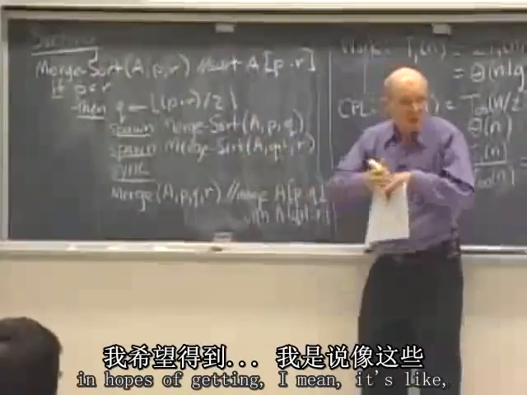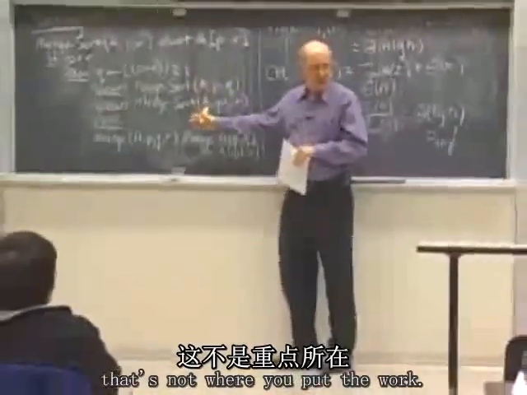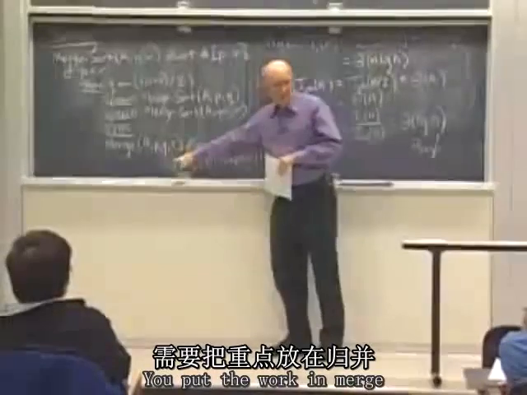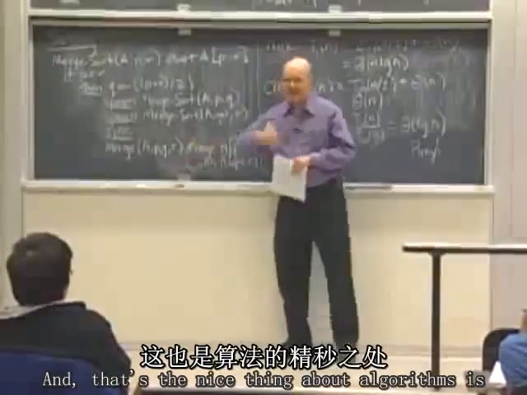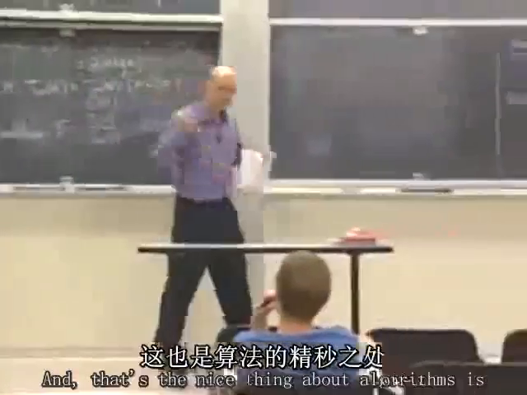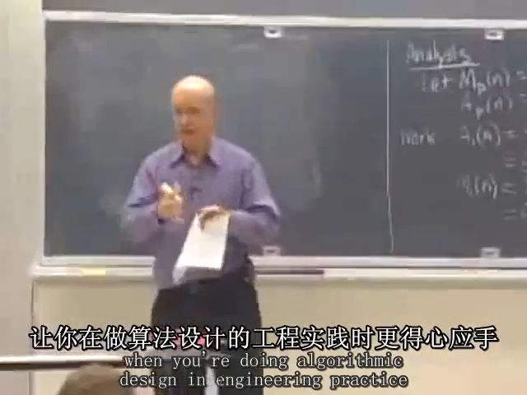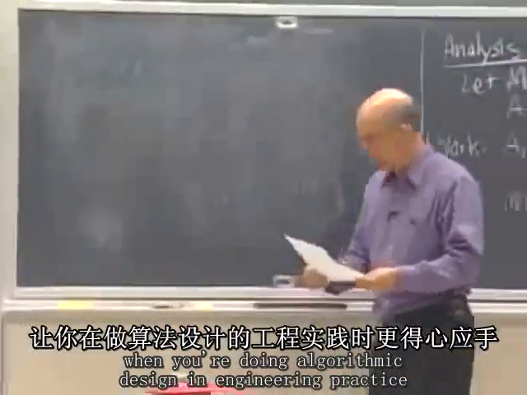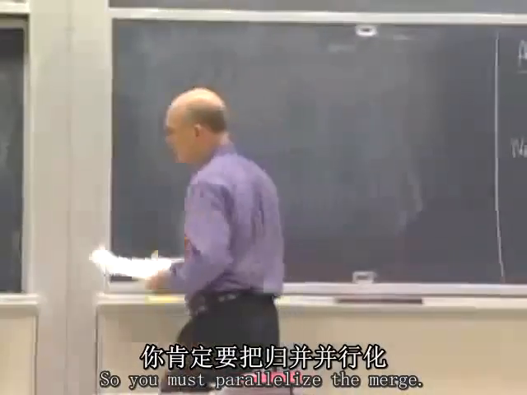You put the work in the merge because that's the bottleneck. That's the nice thing about algorithms: it lets you hone in on where you should put your effort when you're doing algorithmic design in engineering practice. So we must parallelize the merge.